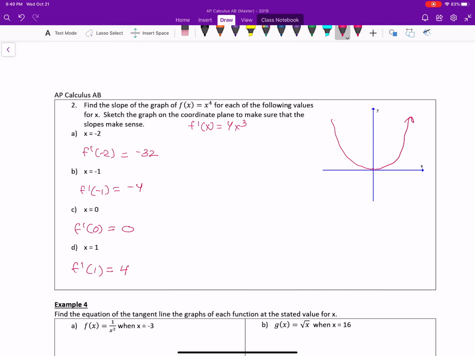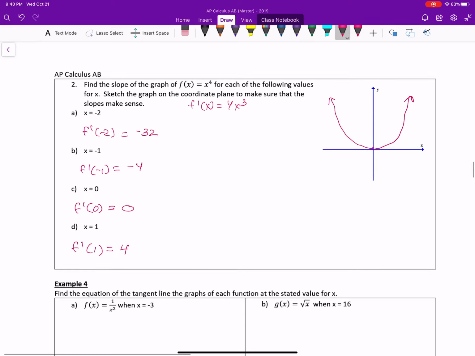The shape is pretty similar. Hopefully you agree with me.